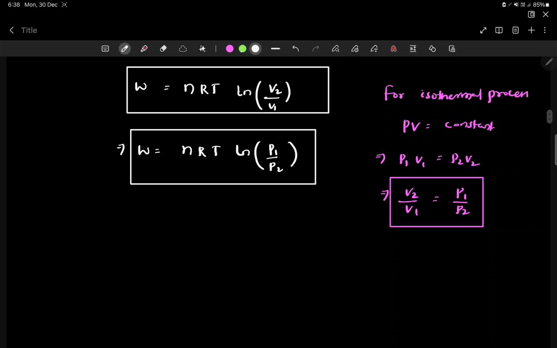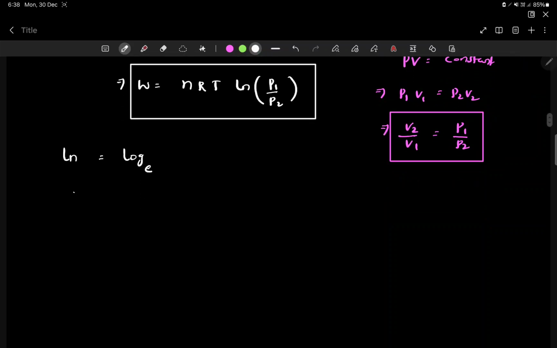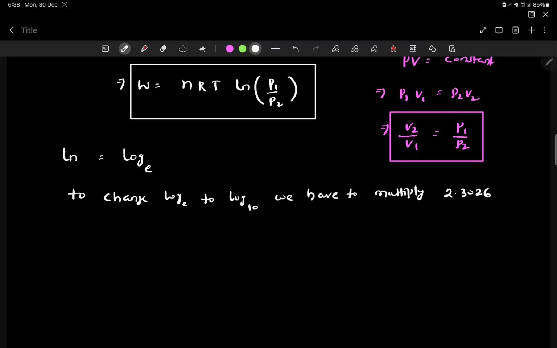And also, all of you remember, what is ln? Ln means log base e, and you know it well, to change the logarithmic function from base e to log base 10 we have to multiply by what? The factor is 2.3026.